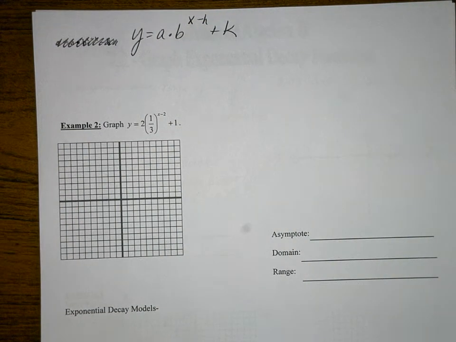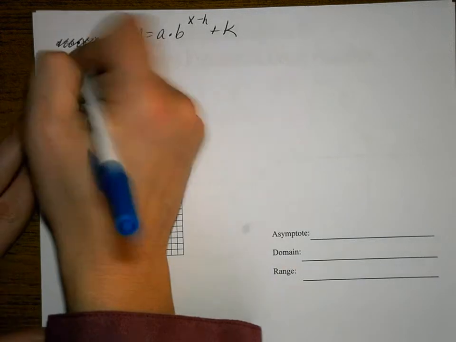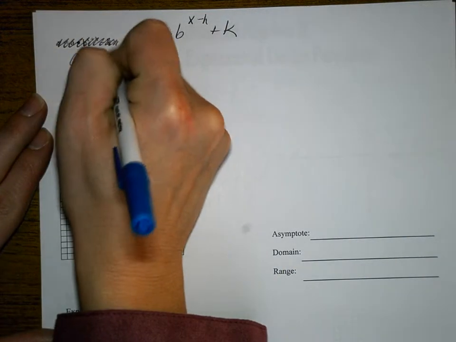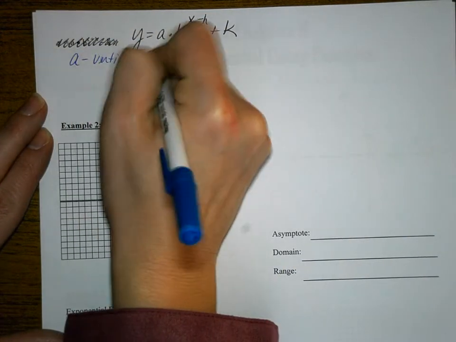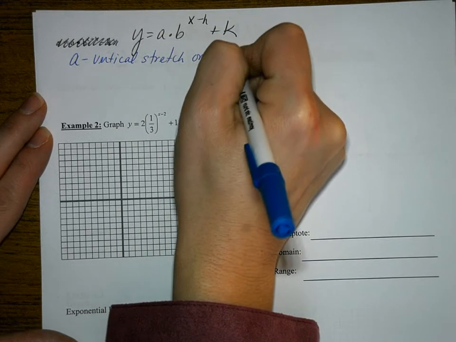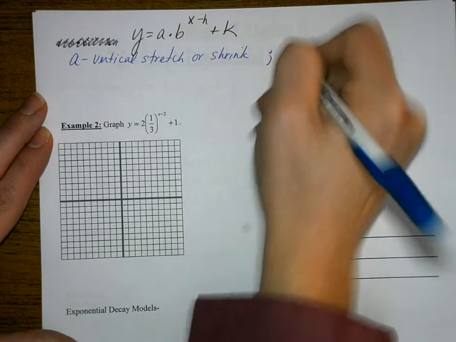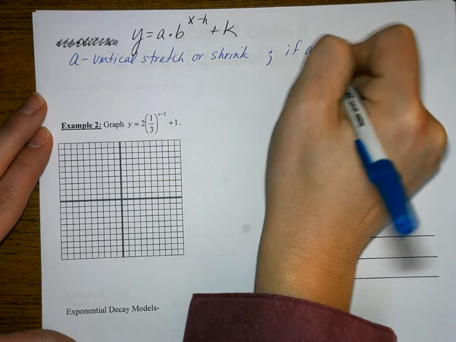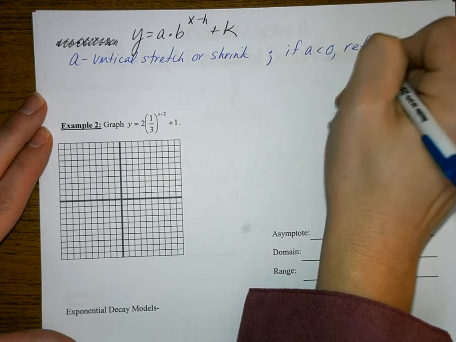Very big typo there. Now, my a value is still doing exactly what it did before. So that a value is a vertical stretch or shrink. And if the a is less than 0, it's a reflection over the x-axis.